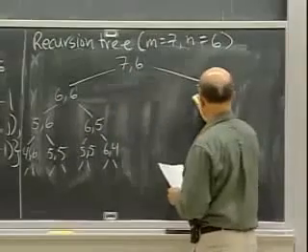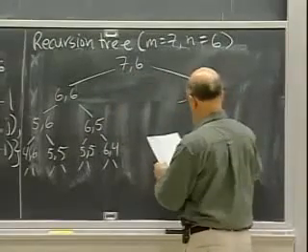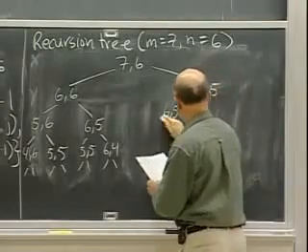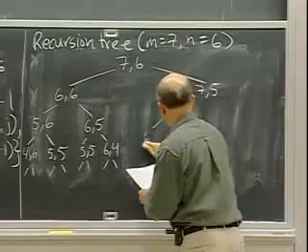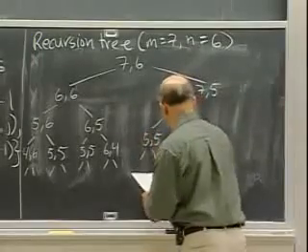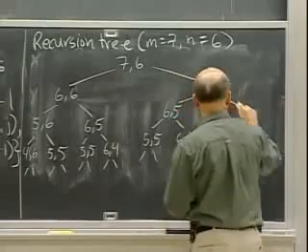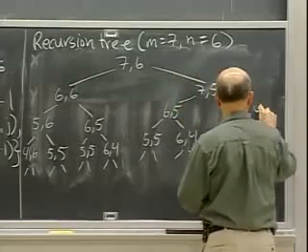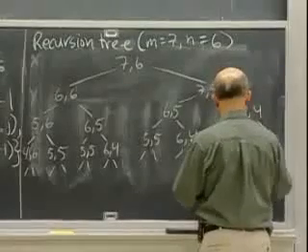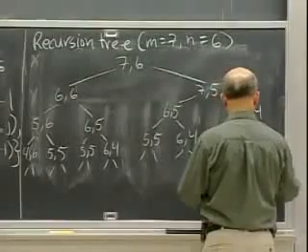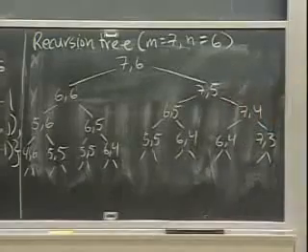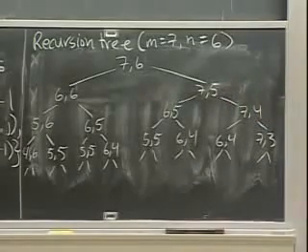Over here, I'm going to decrement the first index: 6, 5. I get 5, 5, 6, 4. And these guys keep going down. And over here, I get 7, 4, and then we get 6, 4, 7, 3. And those keep going down. So we keep just building this tree out.